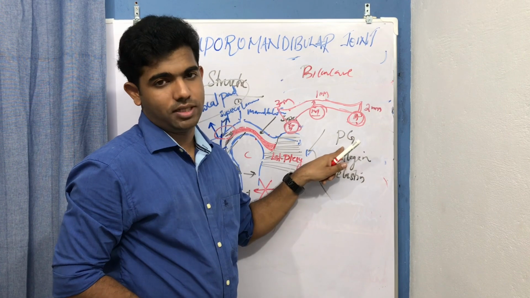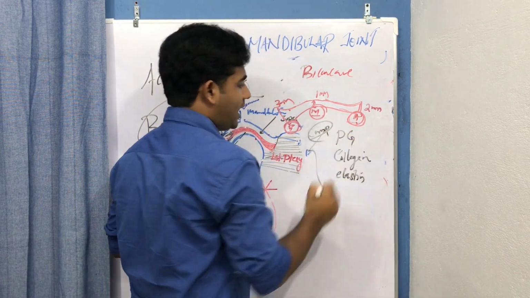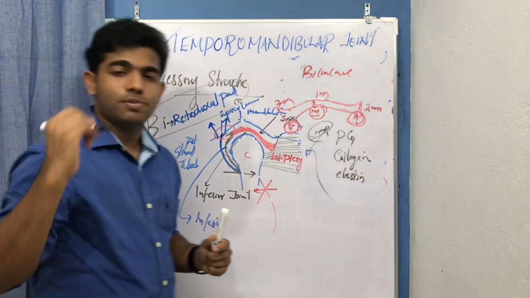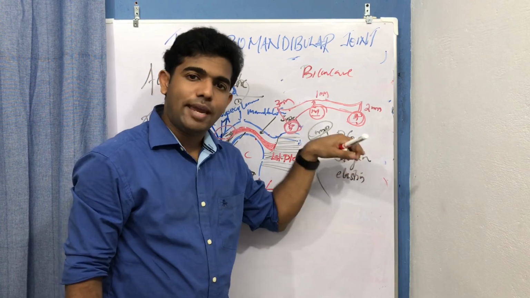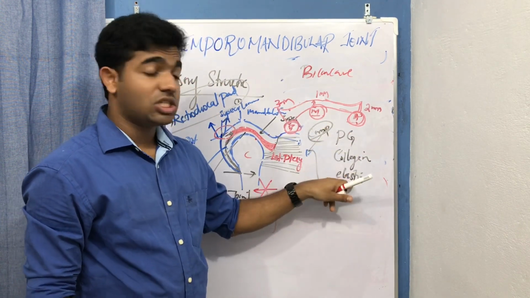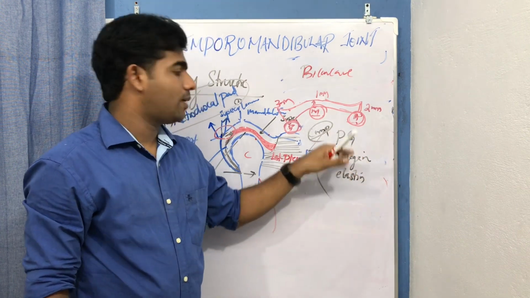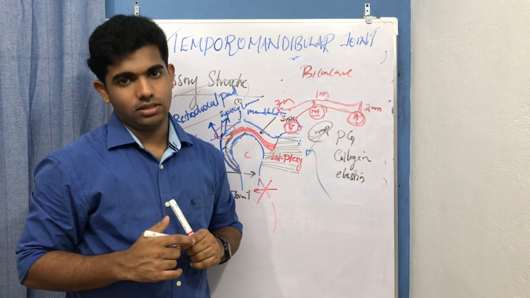So the disc is made up of proteoglycans, collagen, elastin, and various other components. More specifically, collagen gives the biconcave shape, the elastin gives its elastic properties, and proteoglycan gives its biomechanical or mechanical properties. Right? Yes, very good.